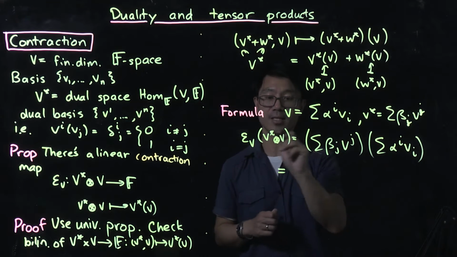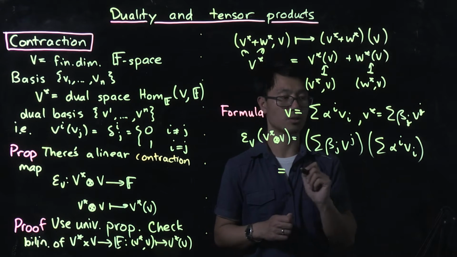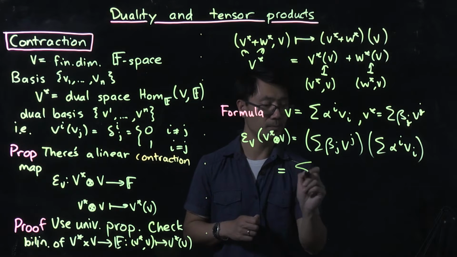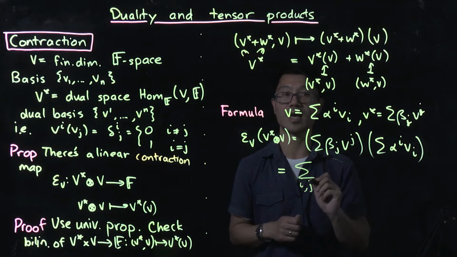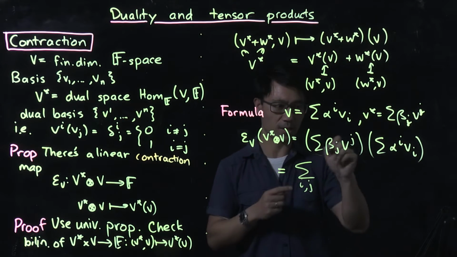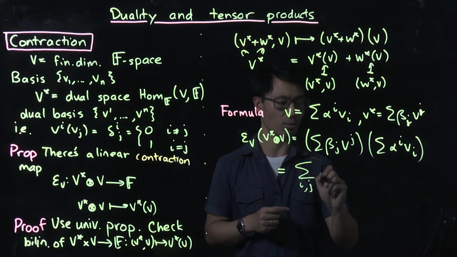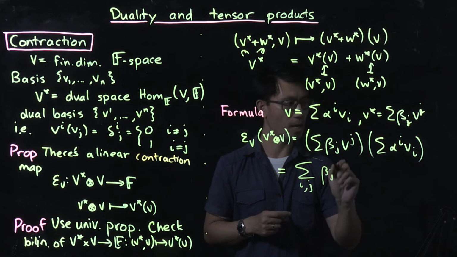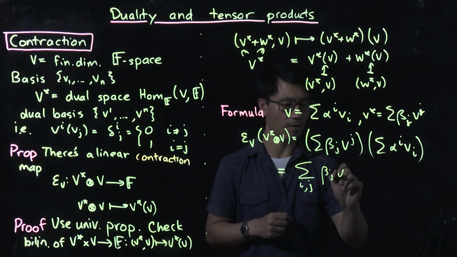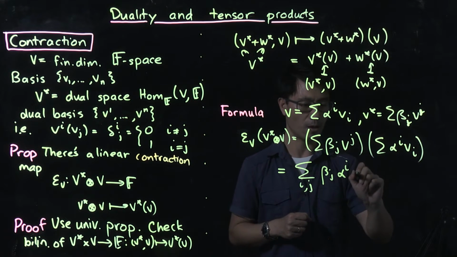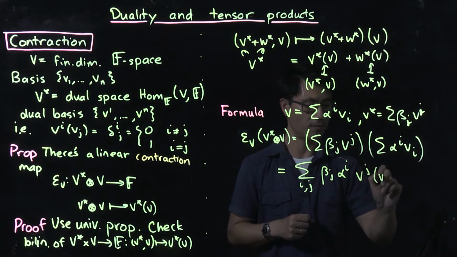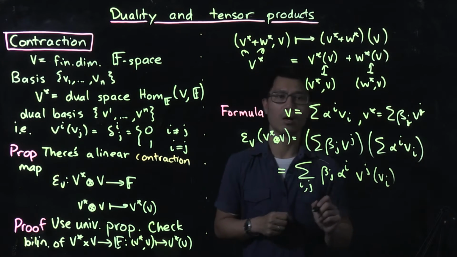And remember, this is linear in each of these variables. So I can pull out the sum over I and j, both of them in fact, and pull out these scalars as well. That's linearity in this variable and linearity in this variable. So you have beta j alpha I, and then you just evaluate v j at v i.